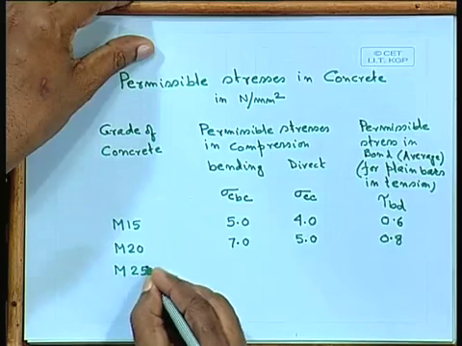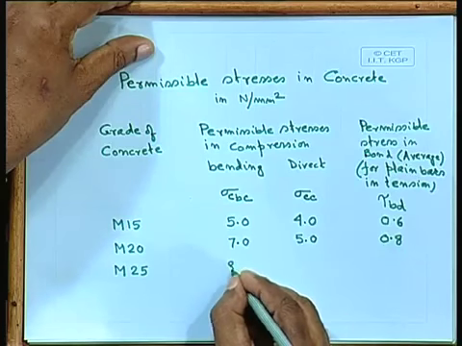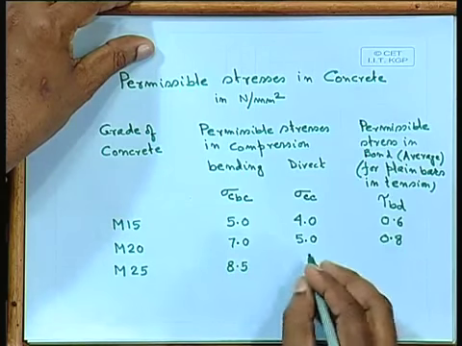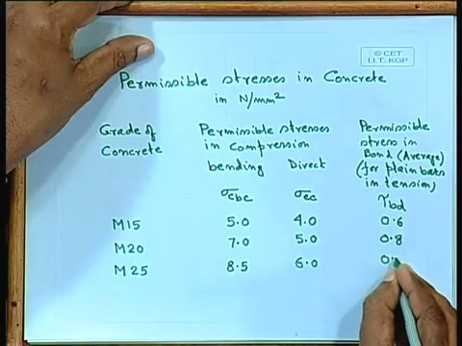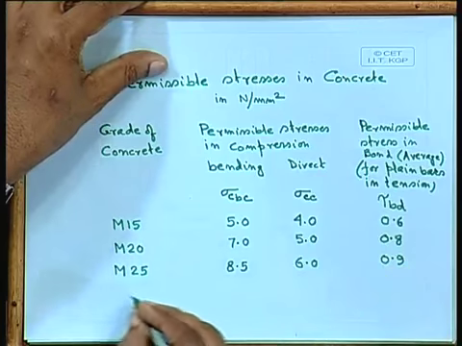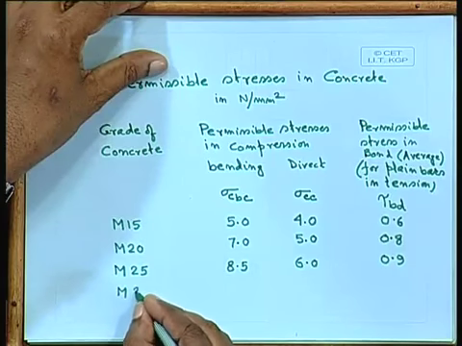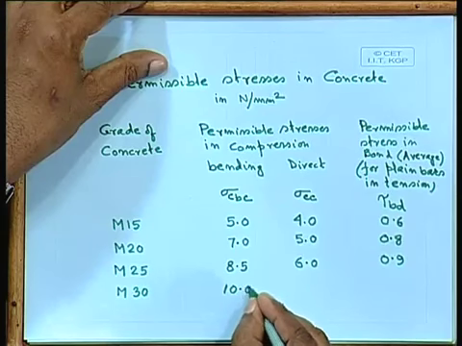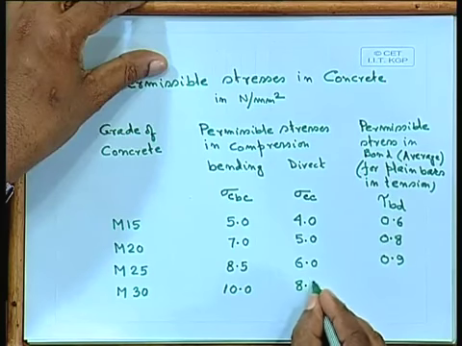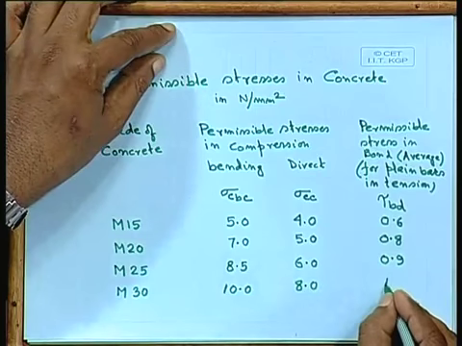M25, 8.5, 6.0, 0.9. M30, 10.0, 8.0 and 1.0.